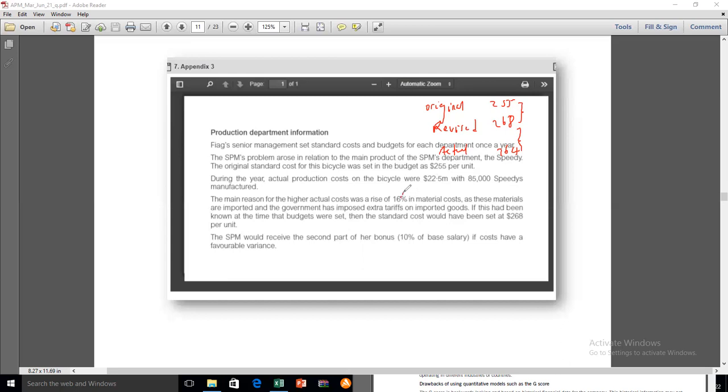Whether we had used 16% or not, the conclusion will still be the same. The manager was supposed to get their bonus too. That's what was expected from us, but also to define the planning variance and the operational variance.